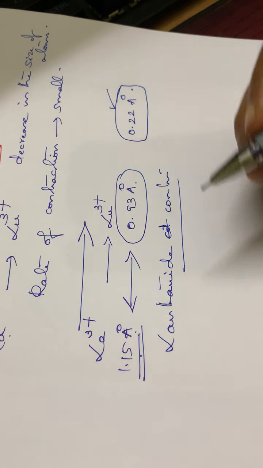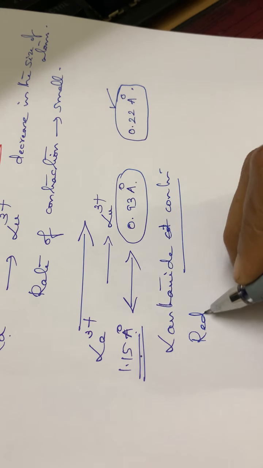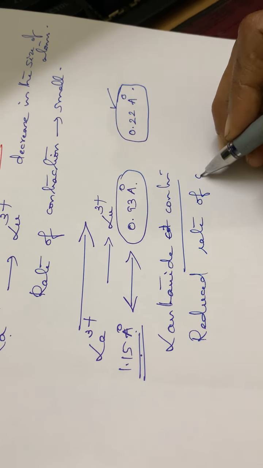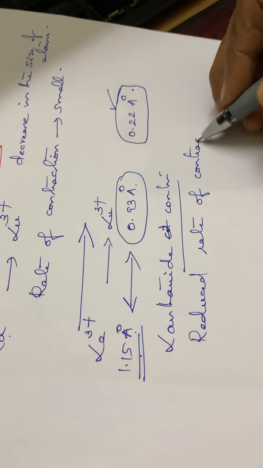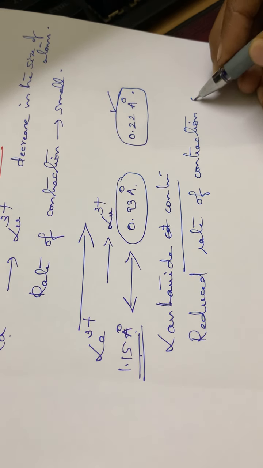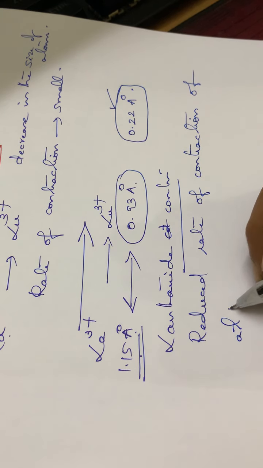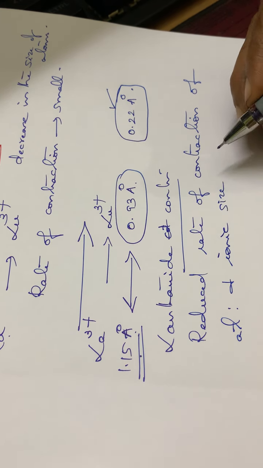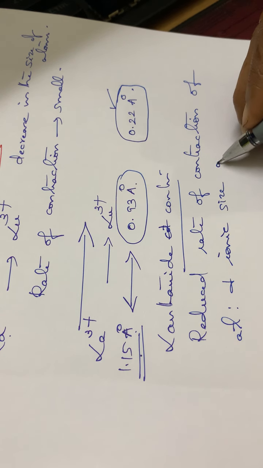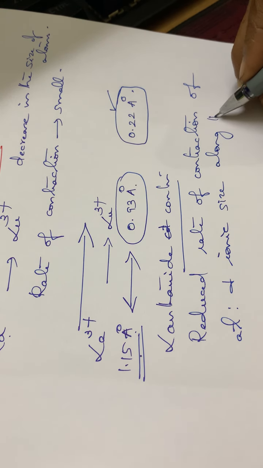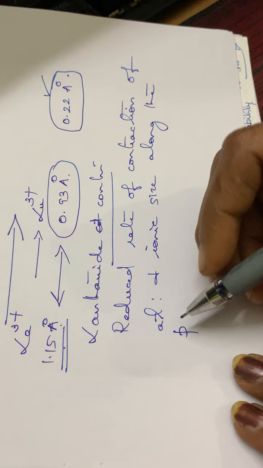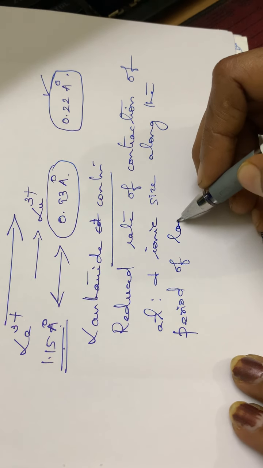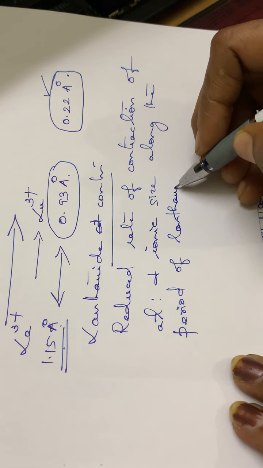So this lanthanide contraction we can define as the reduced rate of contraction of atomic and ionic size along the period of lanthanides.